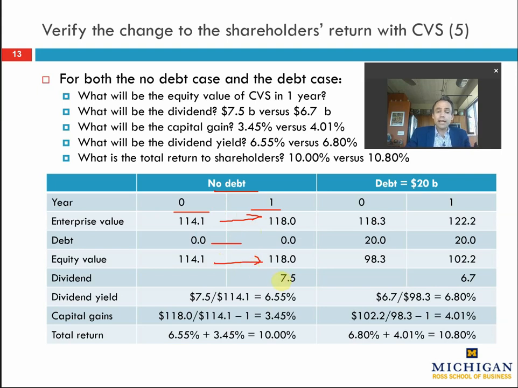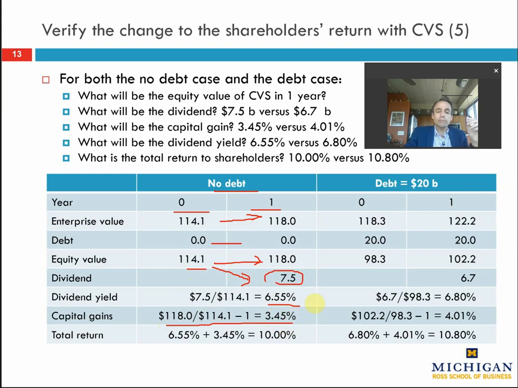In our corporate taxes example, the dividend is $7.5 billion because there had to be a chunk taken out to pay taxes. The dividend yield was $7.5 billion on the starting equity value of $114 billion. So the dividend yield is 6.55%. The capital gains is the percentage change in the equity value over a year.